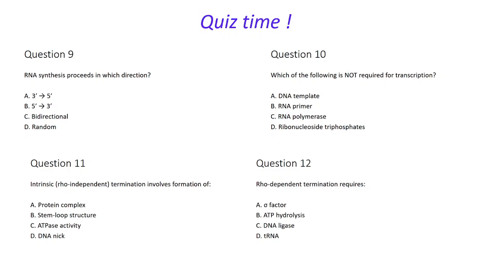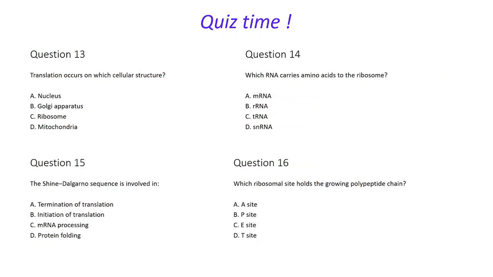Yeah, so yes, ATP hydrolysis. Rho dependent termination requires an energy source for the action of the rho protein, which is in the form of ATP. Rho proteins are basically RNA helicases. It uses energy to move along the RNA molecule and catch up with the RNA polymerase. Then it leads to the dissociation from the DNA template. Right? Right. So the next set.